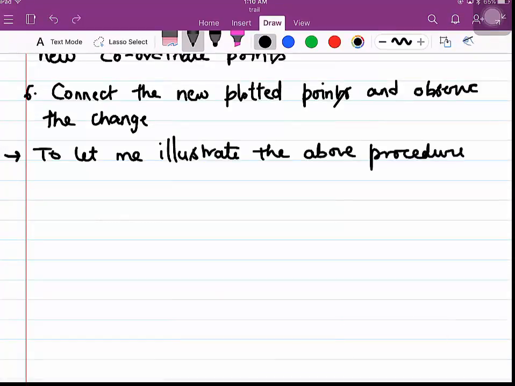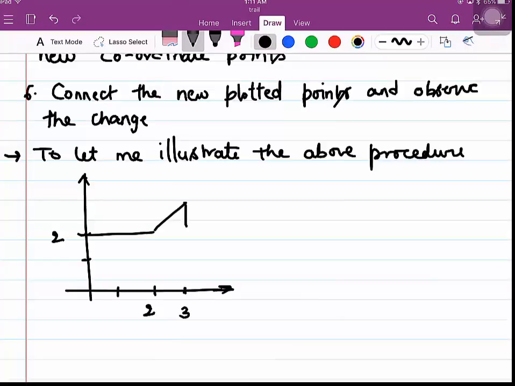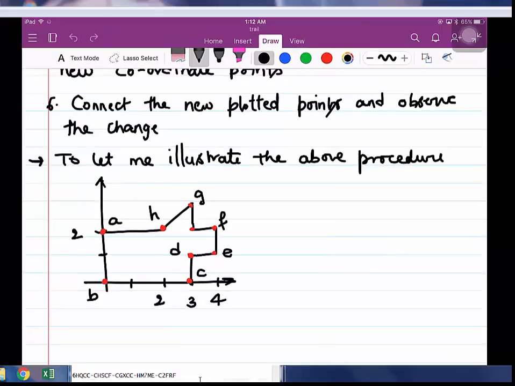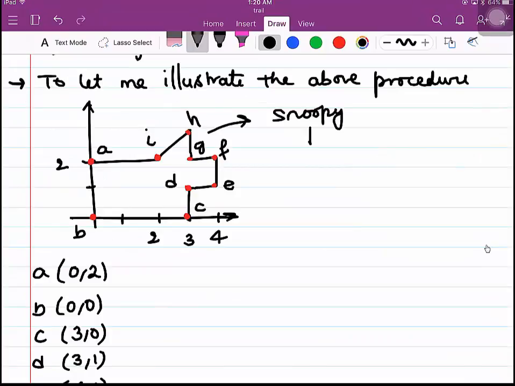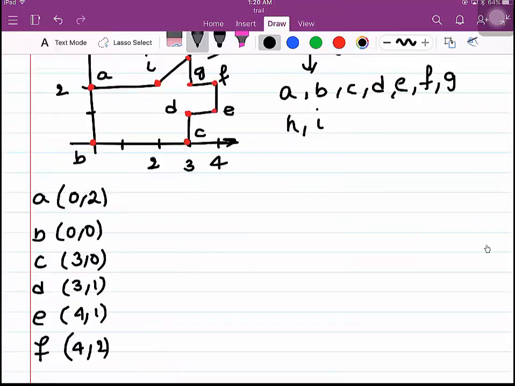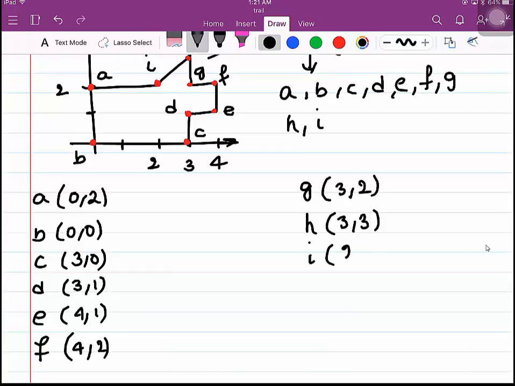Let me illustrate the above procedure. I am taking a shape which looks like a dog. I have given names to every point that I have sampled on the perimeter of the shape and written down its coordinates with reference to the origin. These points are next going to be multiplied with our selected transformation matrix.